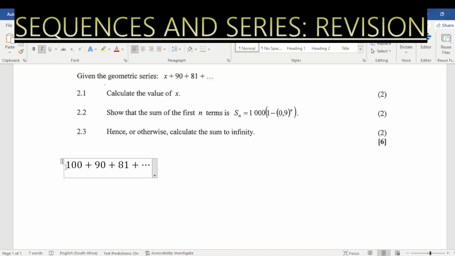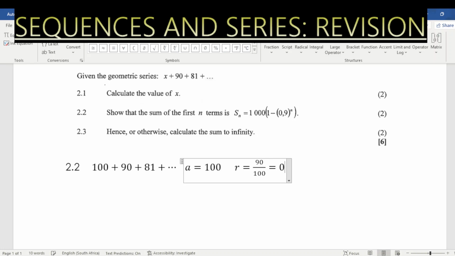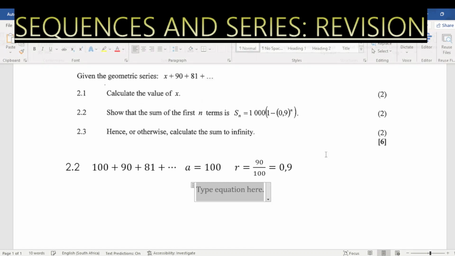So we know that the first term is 100, and we also know that the constant ratio, well, we can say the second term divided by the first term. So the constant ratio is 0,9. That's where the 0,9 in the formula is going to come from.